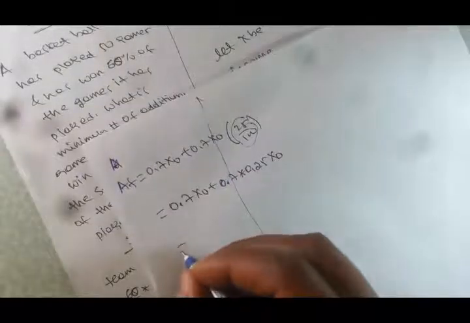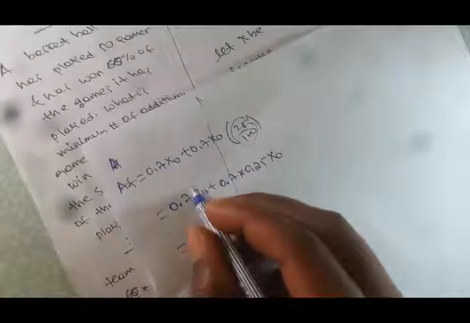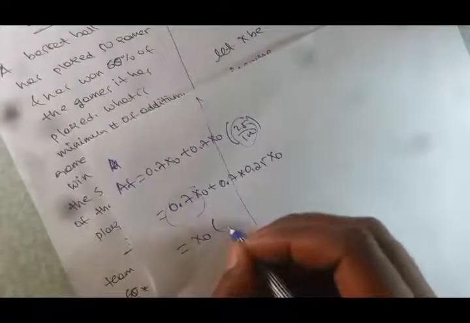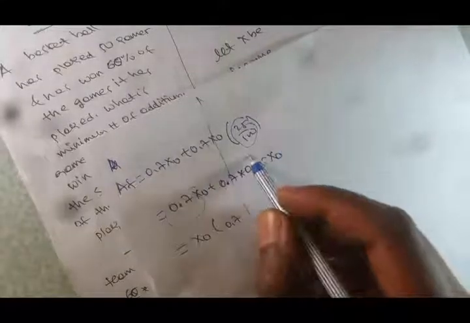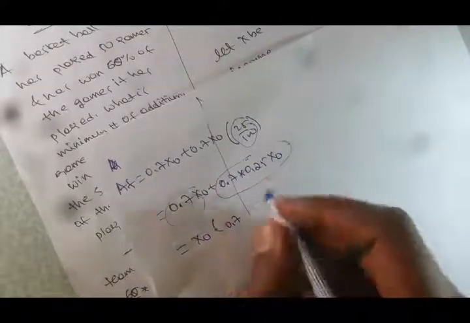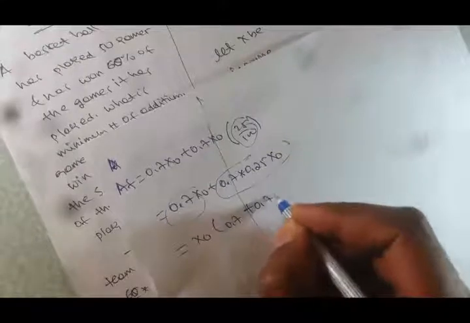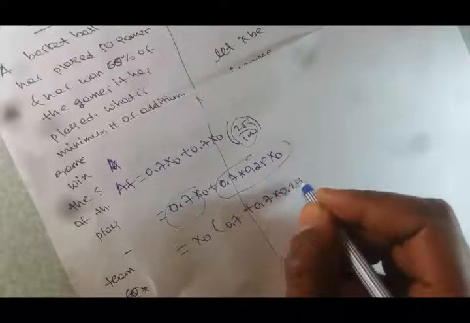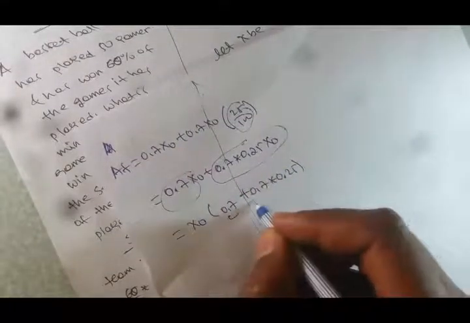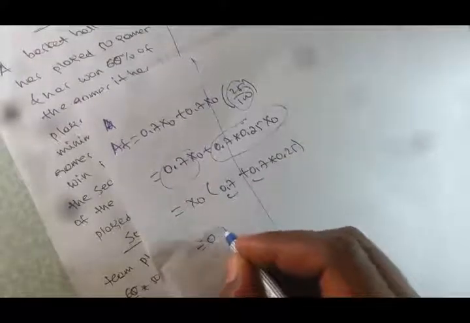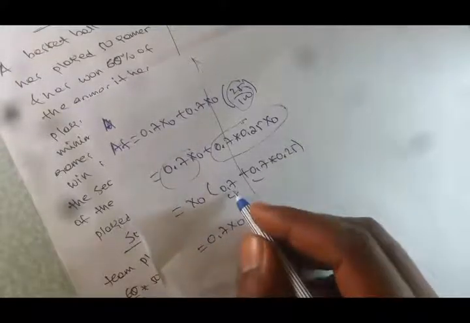When we take xo as common, 0.7 will be common.